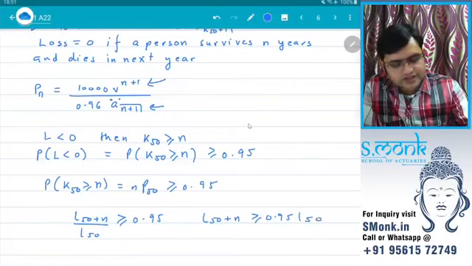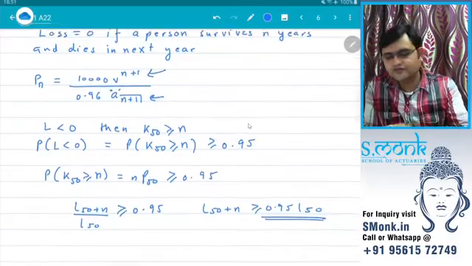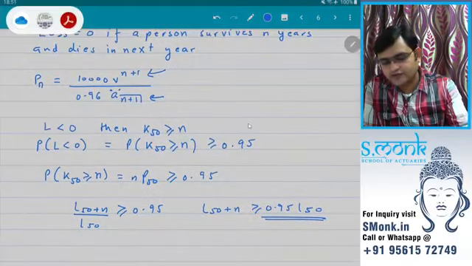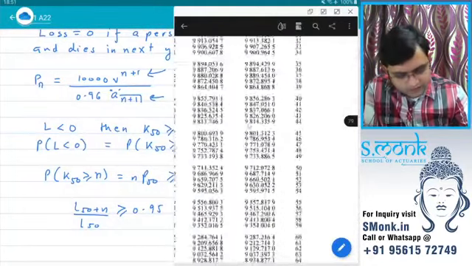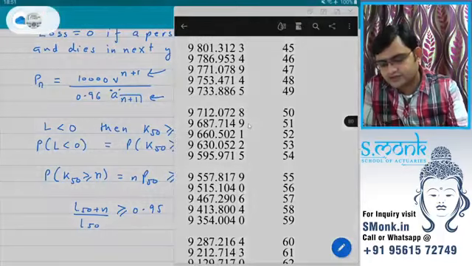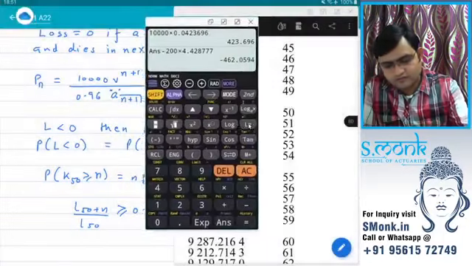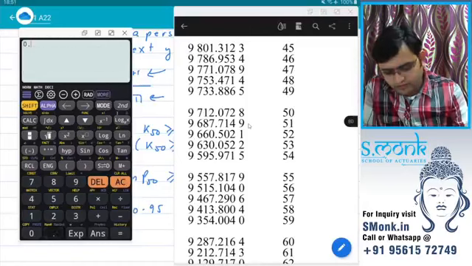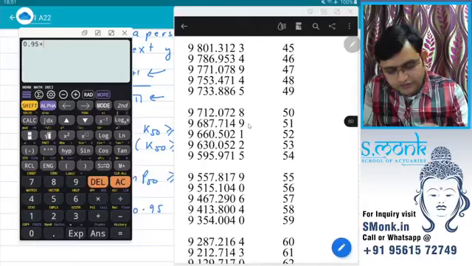So we'll find the nearest value that becomes greater than this. L50 we can easily find from our table book. L50 is here. We want 0.95 into L50. L50 is 9712.0728.